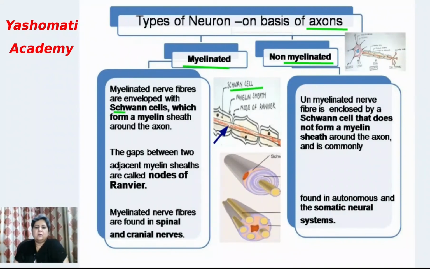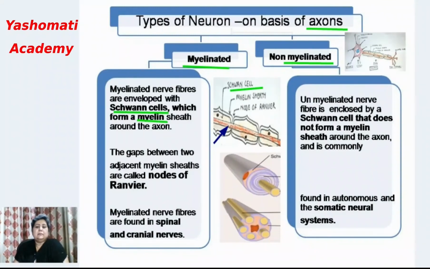Schwann cells are supportive cells associated with the neuron, helping the neuron in performing its functions. These Schwann cells produce a lipoprotein and fats which cover the axon from the outside. So, myelin is basically a fat and protein layer covering the axon from the outside. That is called the myelin.